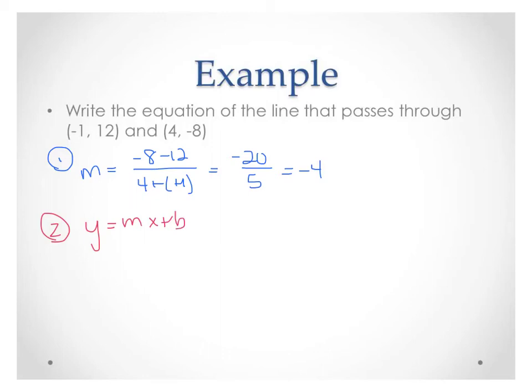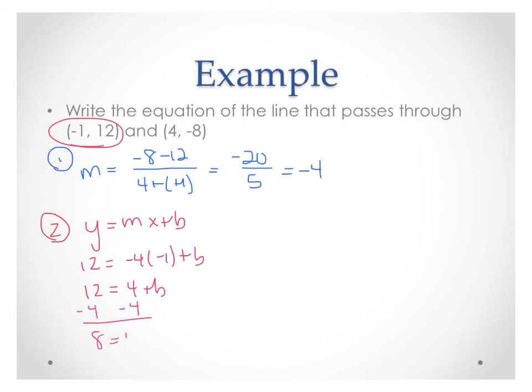I'm going to use the first point again, but you can use either point. 12 equals negative 4 times negative 1 plus b. So we get 4 plus b, and we're going to subtract 4. 8 equals b. Okay, and I got my two things I need, so y equals negative 4x plus 8.